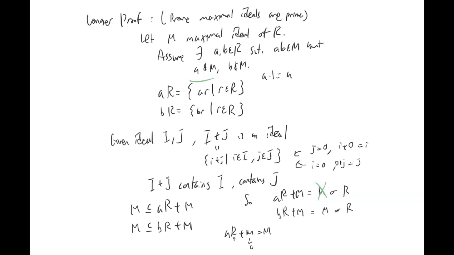By the same argument, it can't be M here, or else we would contain B. Does everyone see this? Because A plus 0 is A. So the only case is if they are both R. Is everyone clear on this?